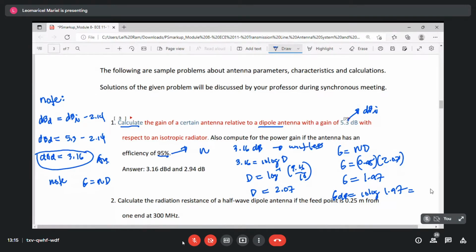The inverse log of 0.316 is 2.07. Correct, 2.07.